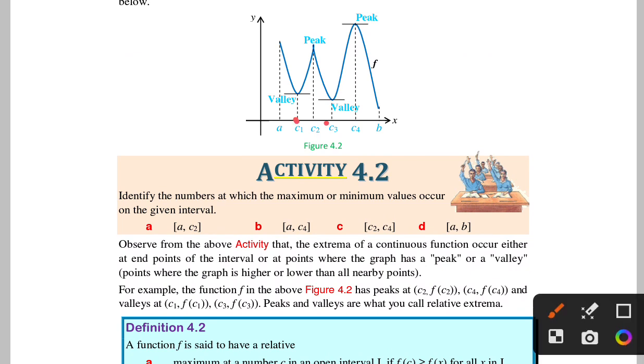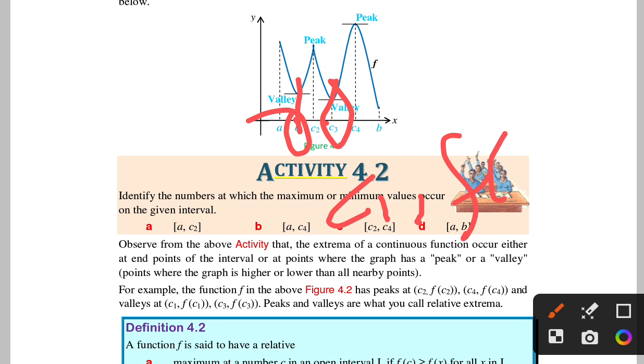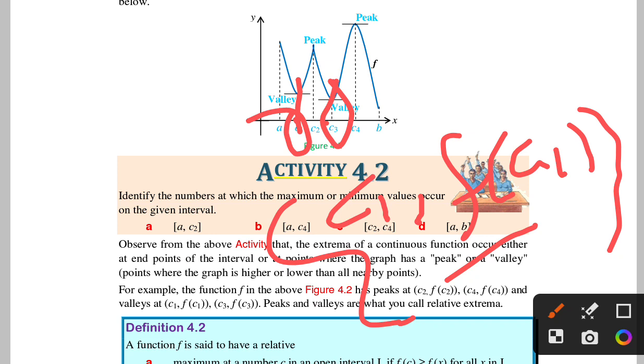C1 is minimum, C3 is minimum. There is minimum here. You got it? C1.